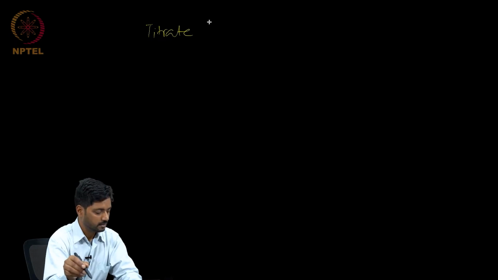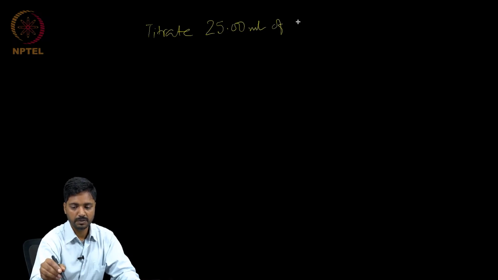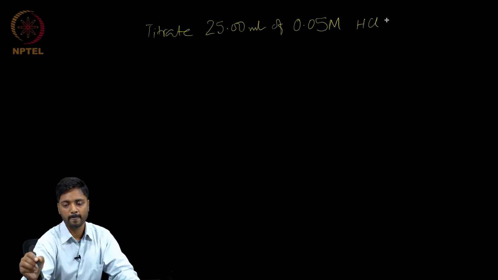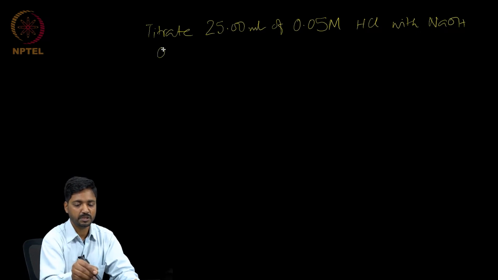So, what we are doing here is, we are going to titrate 25.00 ml of HCl, which is 0.05 molar, with NaOH whose concentration is also 0.05 molar.